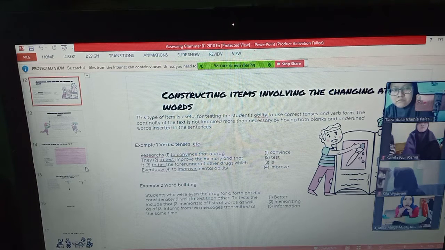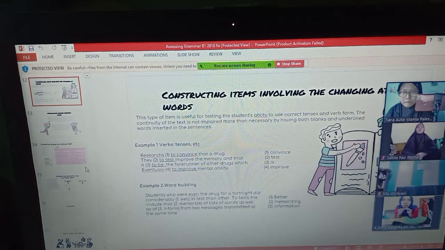Jadi, jenis item ini berguna untuk menguji kemampuan siswa dalam menggunakan bentuk kata kerja dan bentuk kata kerja.